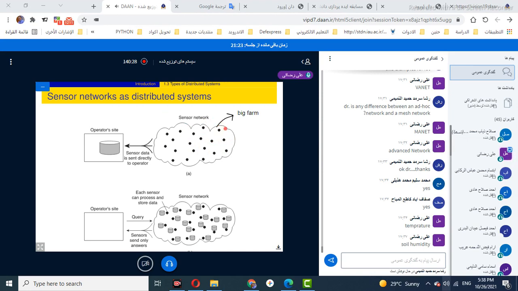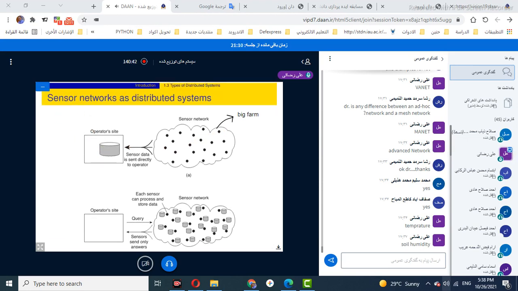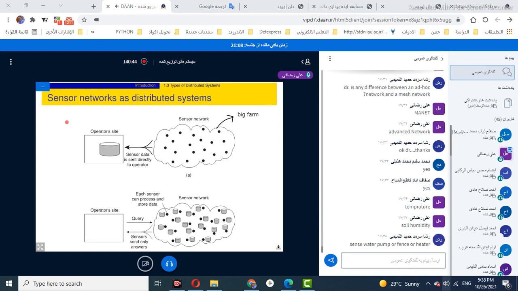This sensor network can continuously check the soil humidity, and then send the information to the farmer's office. This is the farmer's office. So the farmer can check the status of the soil in his big farm with much ease.